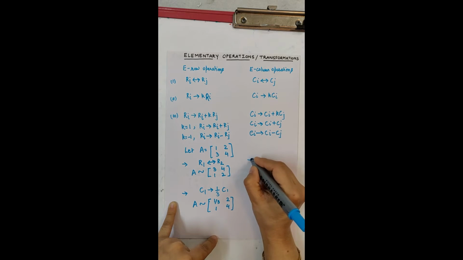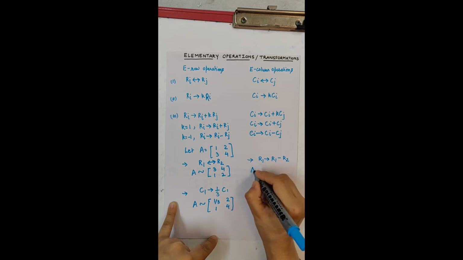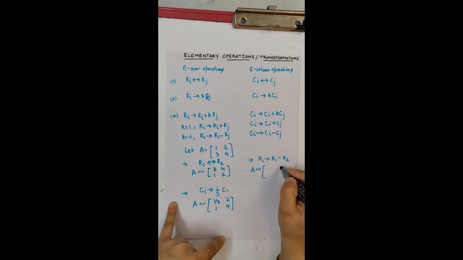And let's talk about the third operation. So suppose I apply the operation R1 goes to R1 minus R2. Then the matrix A transforms to what? Now R1 goes to R1 minus R2, which means that I am simply subtracting the elements of the second row from the corresponding elements of the first row.